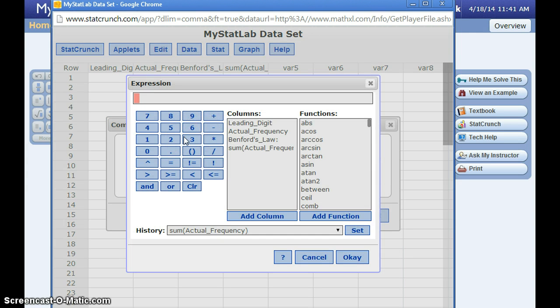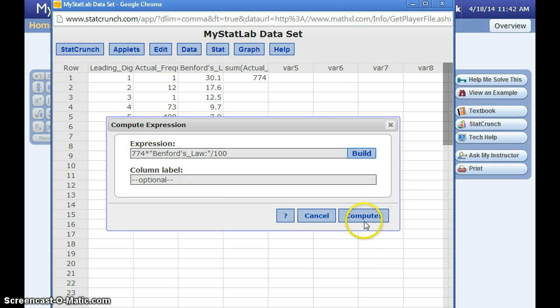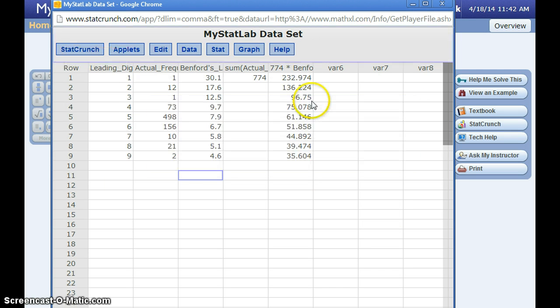What I'm going to do is take 774 times the Benford's law percentages, each one of the percentages times 774. But I don't want 30, I want 0.30, so I'm going to divide by 100. That makes it a proportion: instead of 30.1, it becomes 0.301. I'm going to hit OK and Compute. So there they are, all the expected values. Really it just took 774 times 0.3, 774 times 0.17, and there they are.